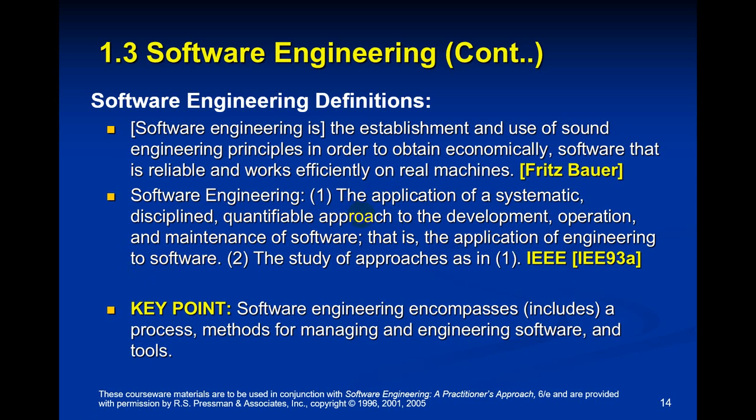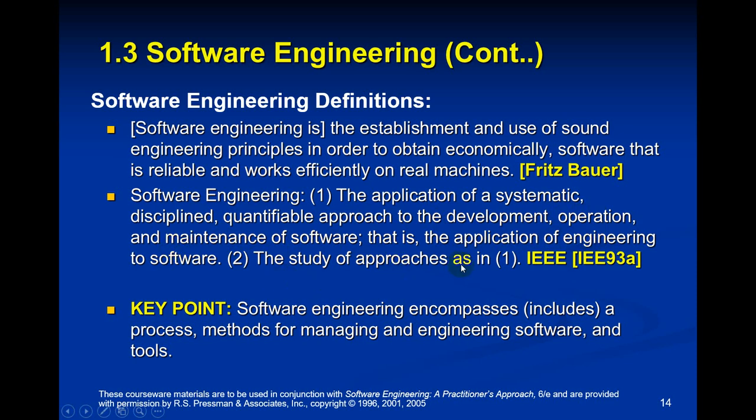Discipline means we do this thing first, then this thing: first we understand the problem, then we design it, then we code it, then we test it. In this way we move to develop and then operate. First we develop it, then it runs, and when it is running there may be a need for change or there can be some error, so there is maintenance of the software. That is the application of engineering to software.